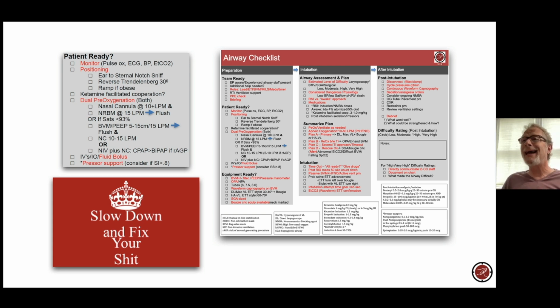They might need ketamine facilitated cooperation, otherwise referred to as DSI. I don't like the term DSI. I like the concept. We've been using it for years. Is that facilitated cooperation for whatever it is, putting in an NG tube, administering oxygen, reducing a shoulder, right? In this case, it might be ketamine facilitated cooperation so that they will tolerate your pre-ox scenario.